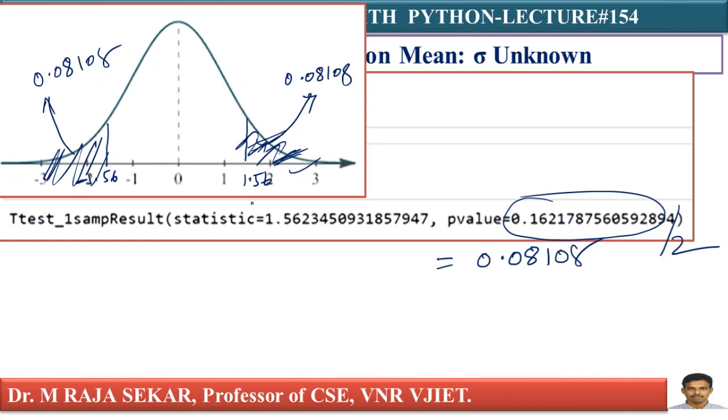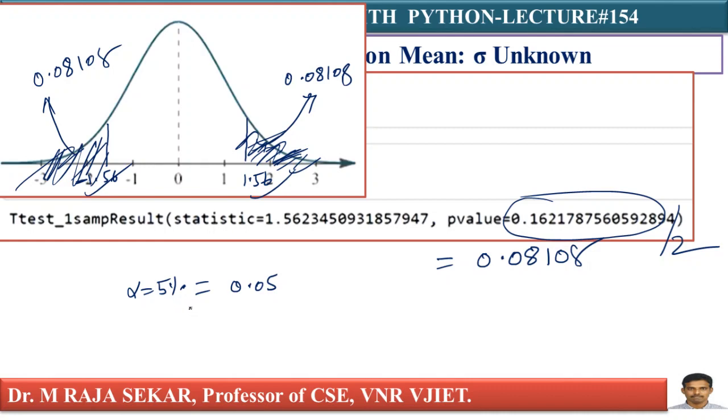This is the p value, and these are the t values: minus 1.56 on the left side, plus 1.56 on the right side. Let me assume alpha equal to 5%, that is 0.05. Now, what is your conclusion? You must compare this p value with the alpha value.